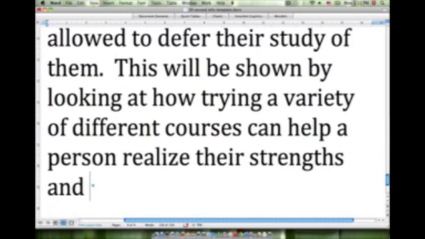And our second point was how having a basic understanding of certain subjects is essential for life, like we mentioned, mathematics and language.